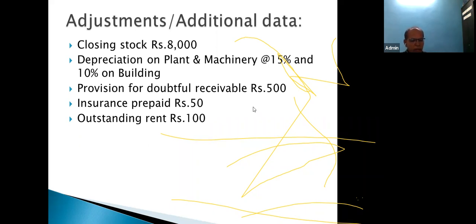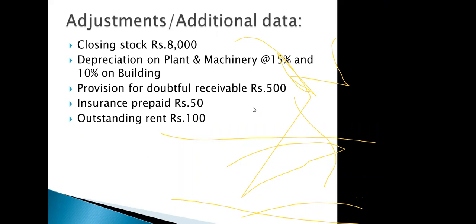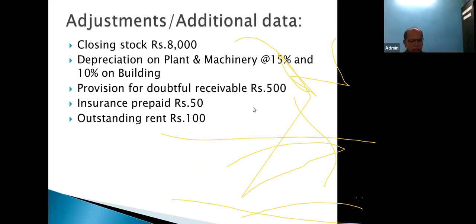How much is left? 9150. Write 9150 in the amount column. So this adjustment is also completed. Two effects we have given: the first on the profit and loss account debit side, and the second deducted from accounts receivable on the asset side.